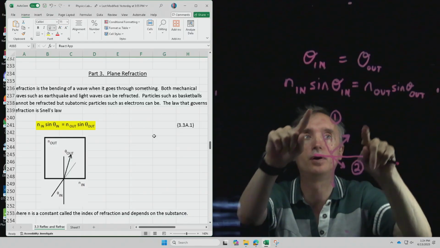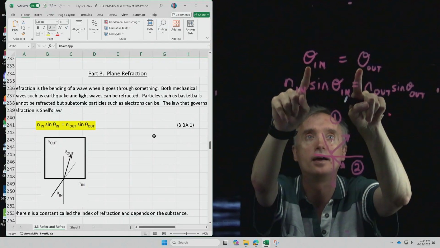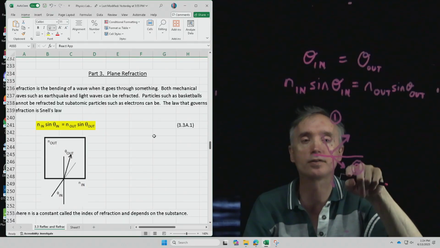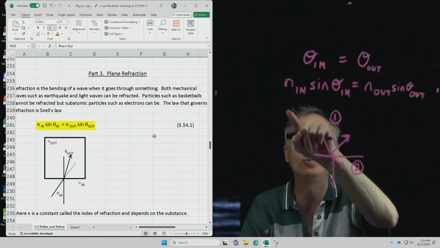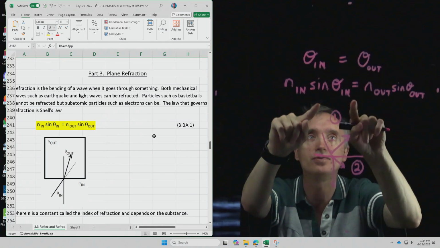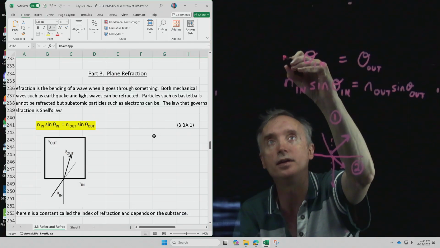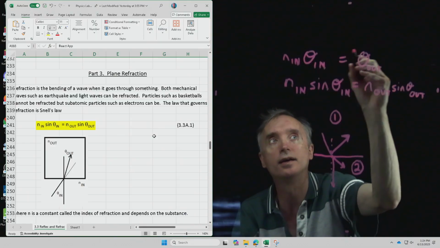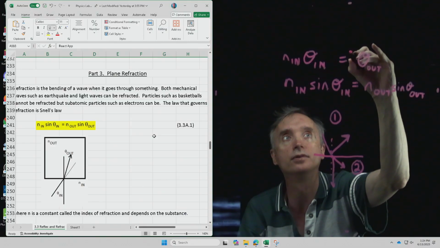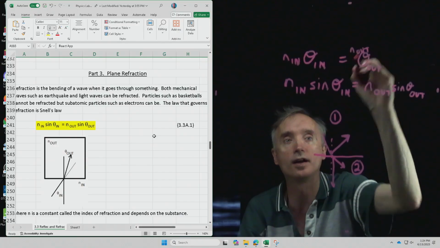So you notice that both sides have angle in, angle out, but it's a little bit more complex because it depends on the substance. Now we could even make these two formulas look a little bit more similar, because we could have the index of refraction going in and the index of refraction going out for reflection.